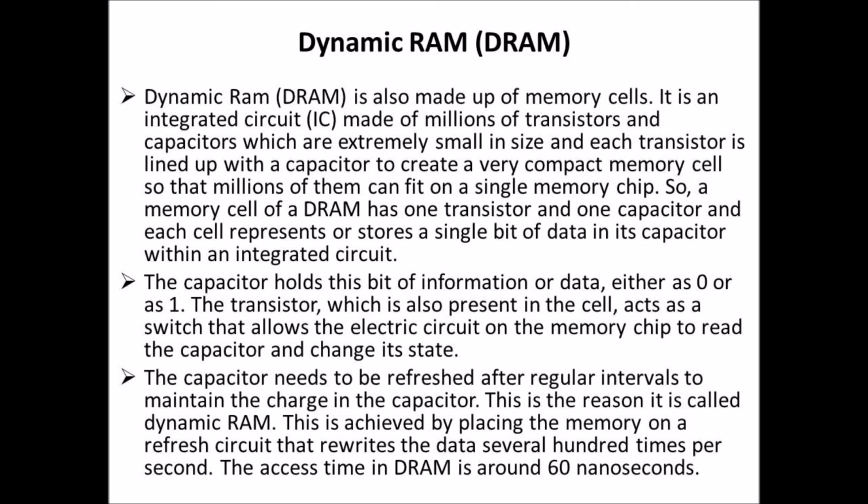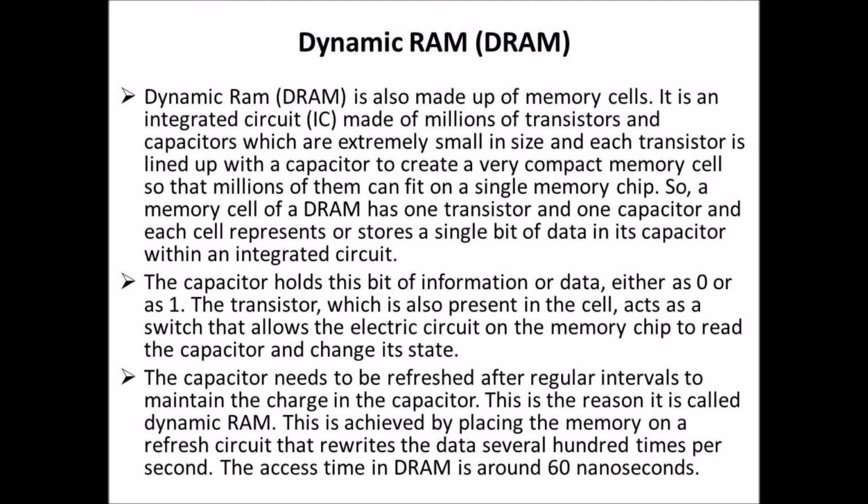Dynamic RAM or DRAM is also made up of memory cells. It is an integrated circuit made of millions of transistors and capacitors which are extremely small in size, and each transistor is lined up with a capacitor to create a very compact memory cell so that millions of them can fit on a single memory chip.